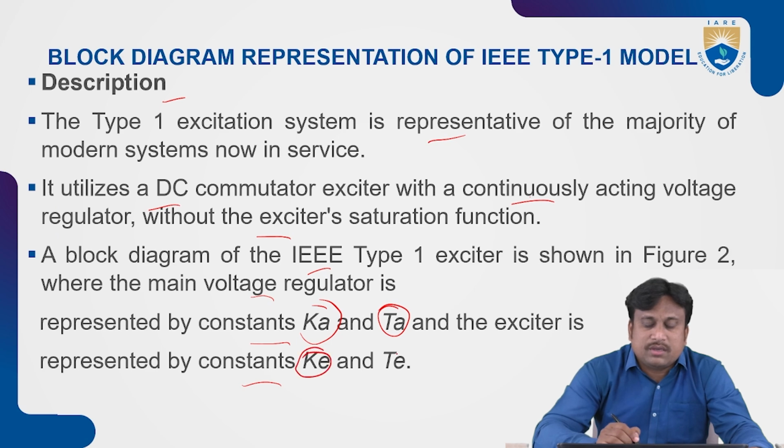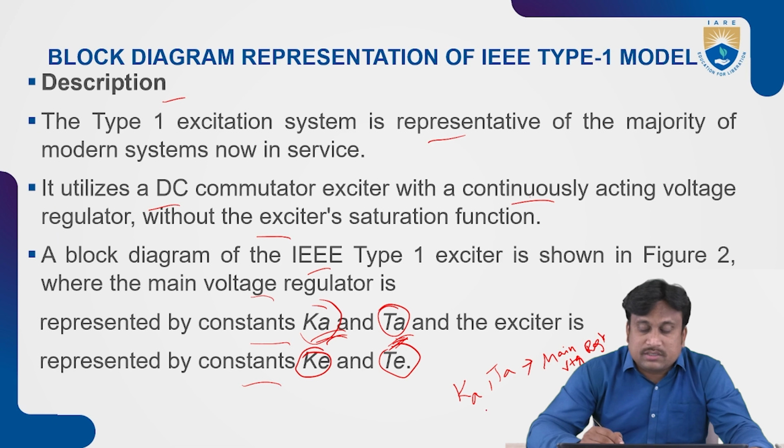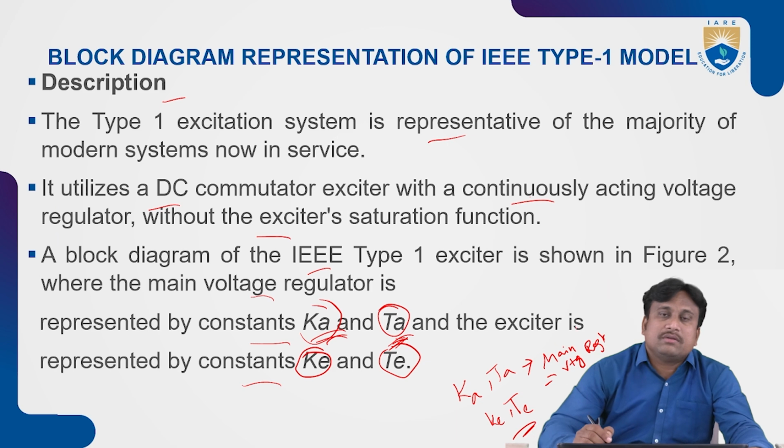These Ka, Ta are the main voltage regulator constants, and the exciter is simply represented with the coefficients Ke and Te.